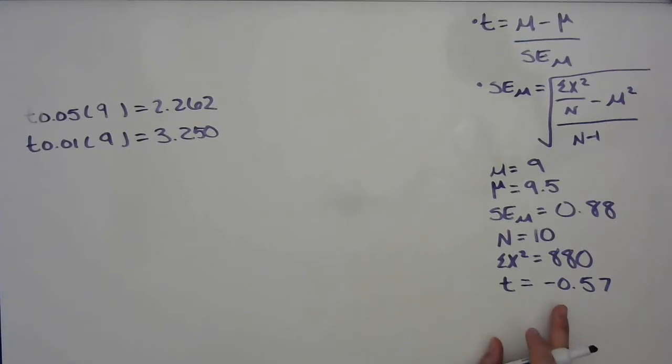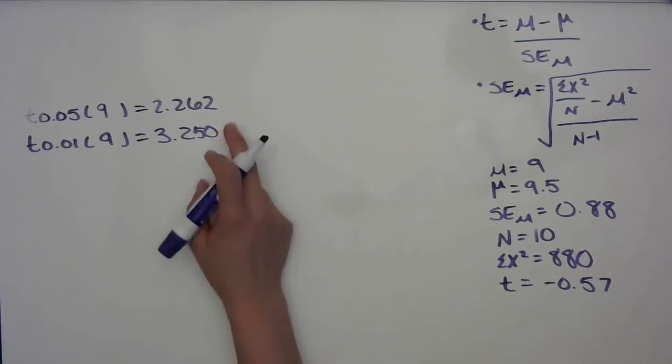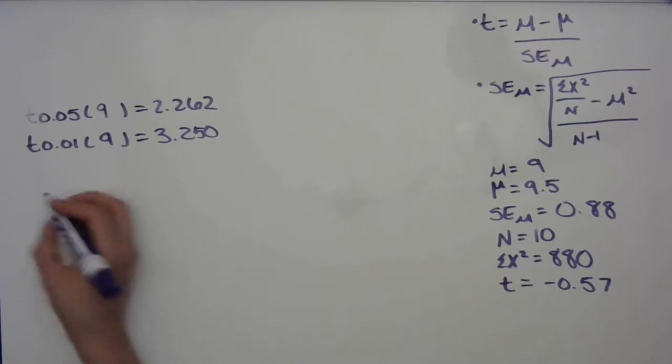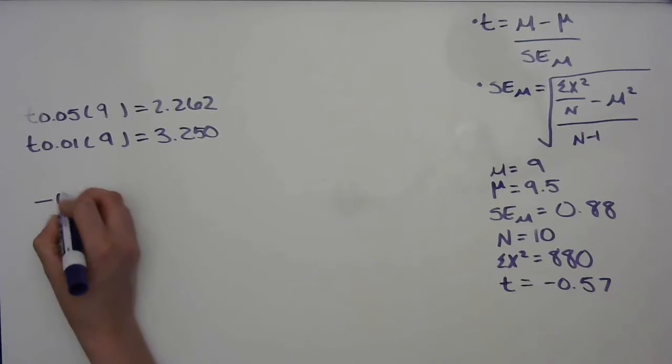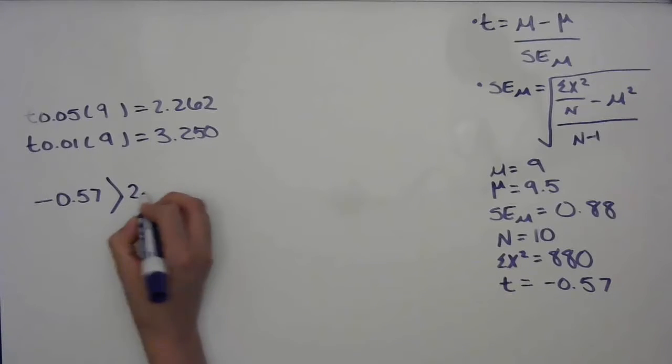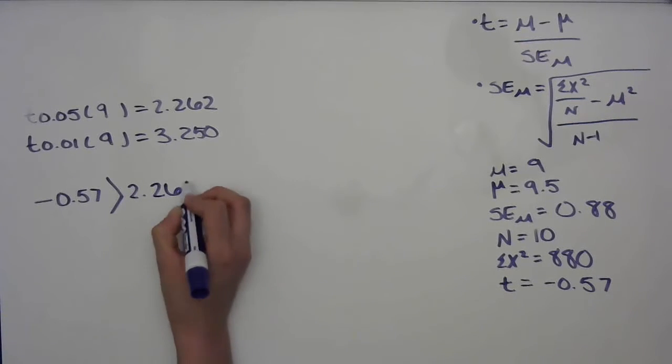Now, right away, you can tell that you are going to have to accept H0 because this is a negative value and this is not bigger than any of these values. But just for the sake of repetition, let's go ahead and do it. Negative 0.57, is that greater than 2.262?